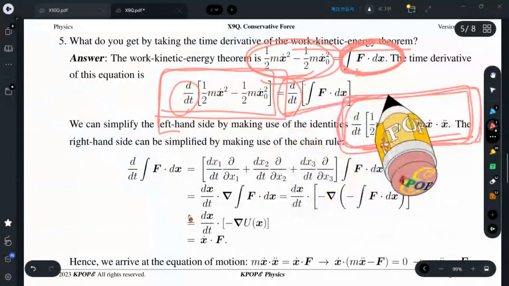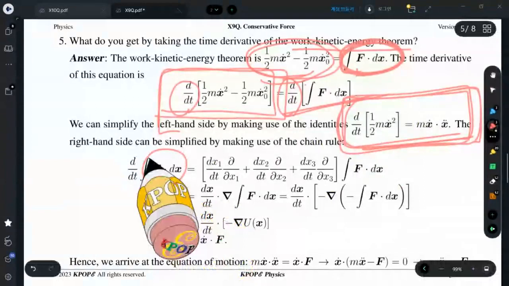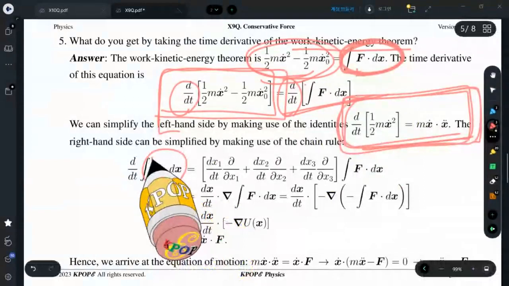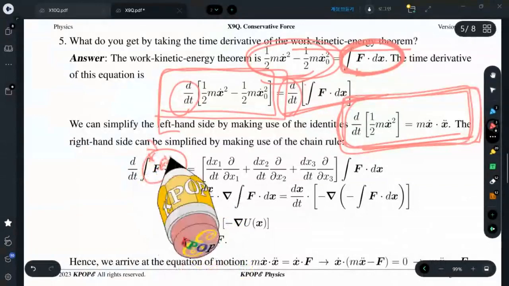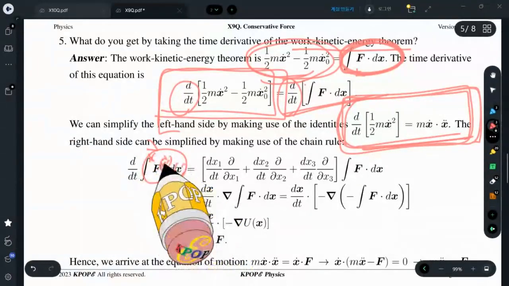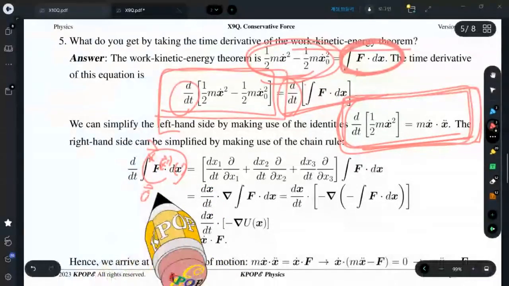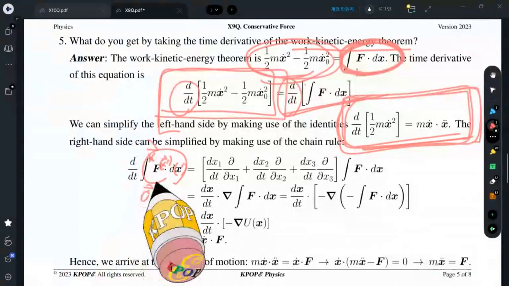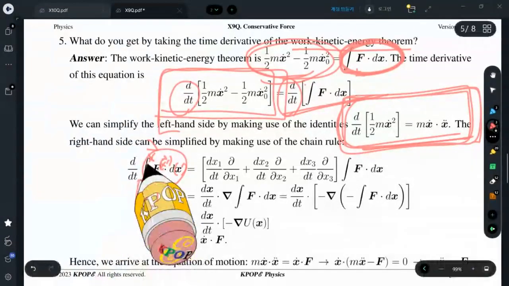Next, this one. Why don't we make use of the chain rule? This integral looks implicit, but actually the endpoint is x, and the integral is over some primed variable that's integrated out, and some starting point is given here. We don't have to worry about the lower limit, but the upper limit is important.